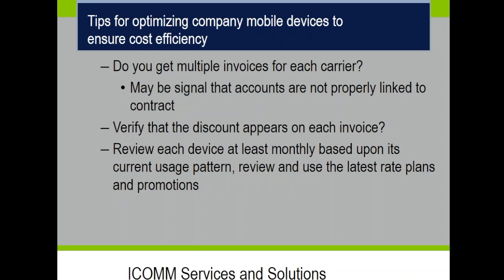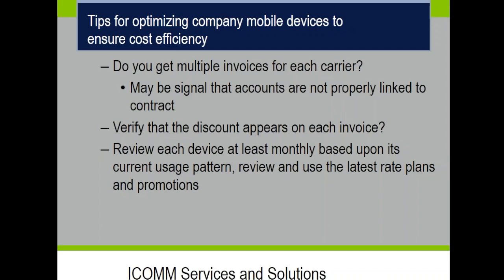Okay, a couple of things as we get close to the end here, talking about how you make sure that you're doing this as efficiently as possible. If you've got 5 mobile accounts with AT&T, there's probably no reason why you couldn't put those all on contract. That would make sure that they're all getting the same discount, that they're all falling under the same negotiated plans, and it's 4 less invoices that someone has to look at individually.